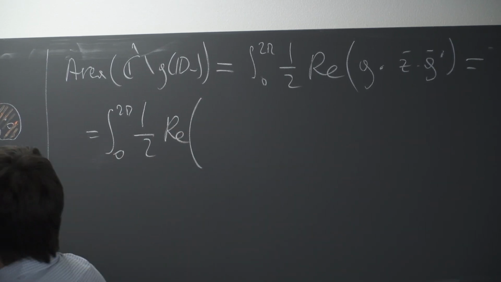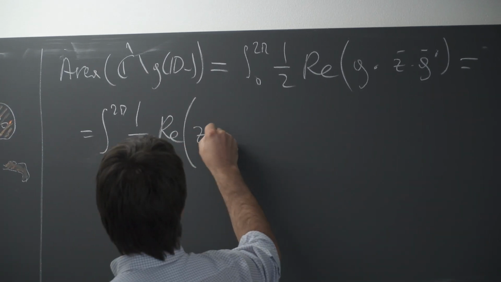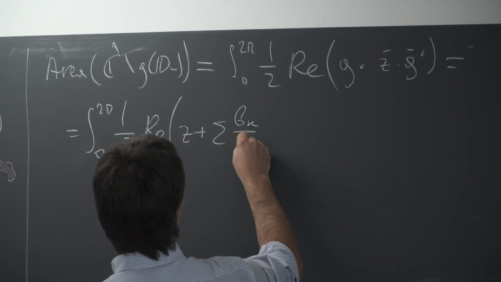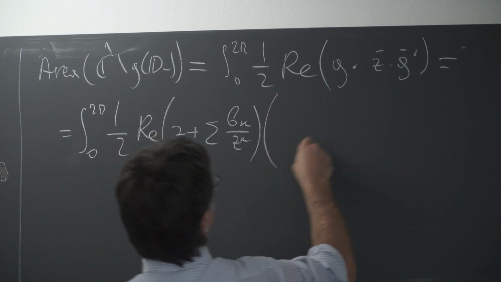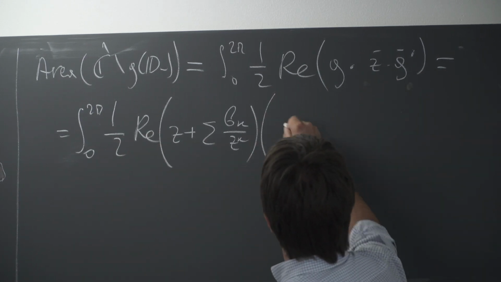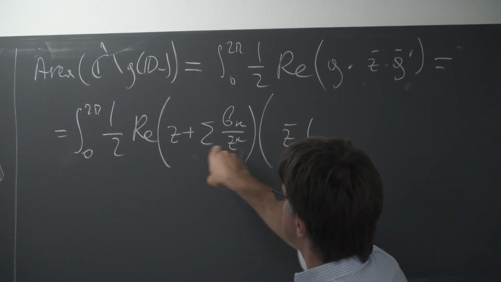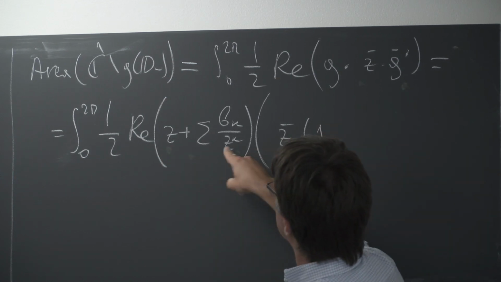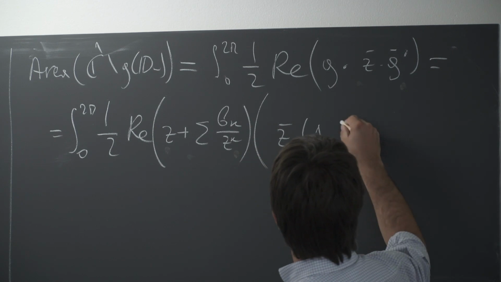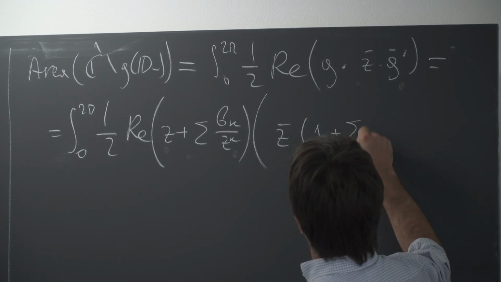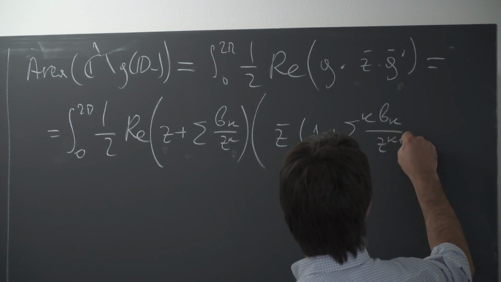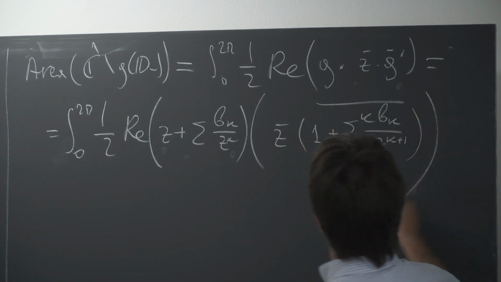Now for g, I plug in the series z plus the sum of bk over z^k. And for the other part, I take z bar times the derivative of this series. So the derivative of z is 1. The derivative of bk over z^k is minus k bk over z^(k+1). And again, complex conjugate.